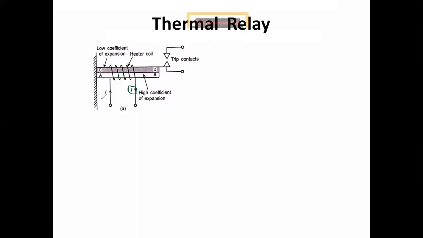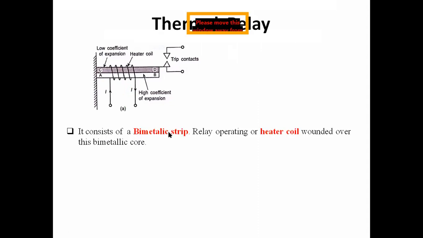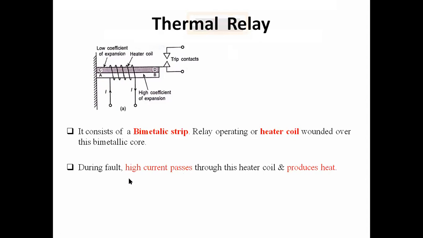But when a high value of fault current passes through this heater coil or operating coil, it gets heated, so the temperature increases and it generates some heat. Due to this heating effect, what will happen? The bimetallic strip will bend.